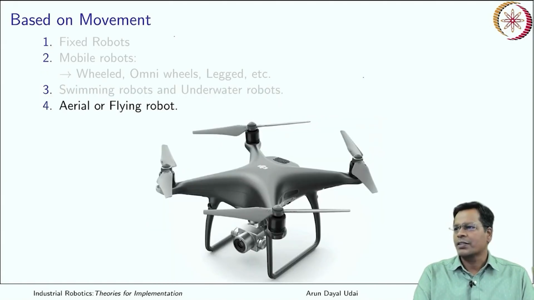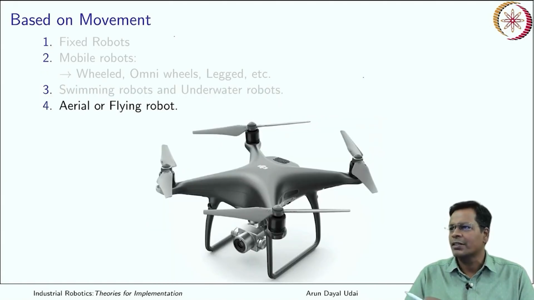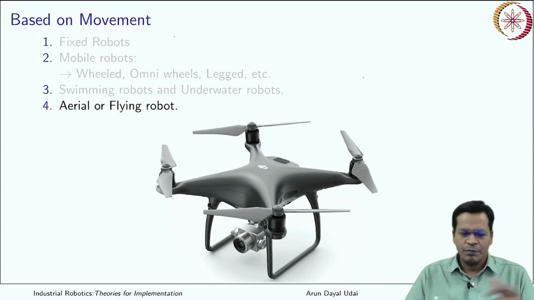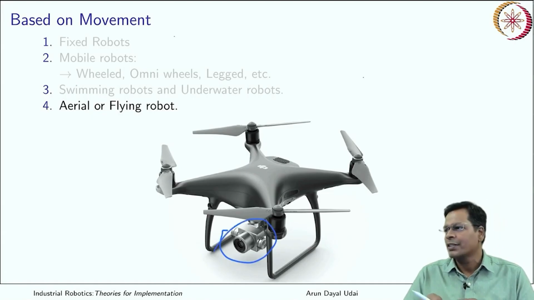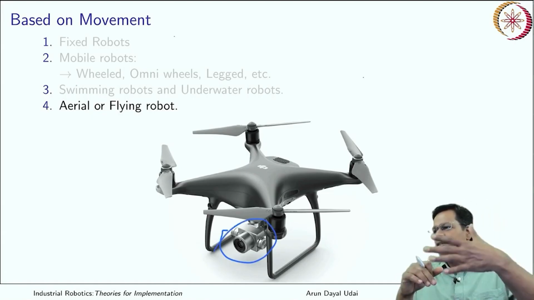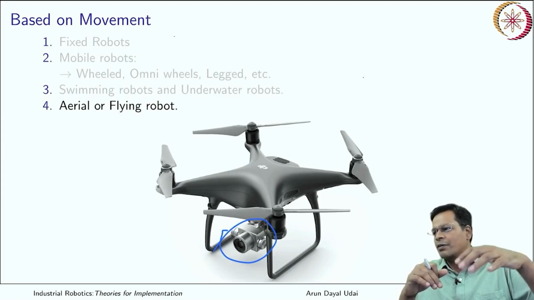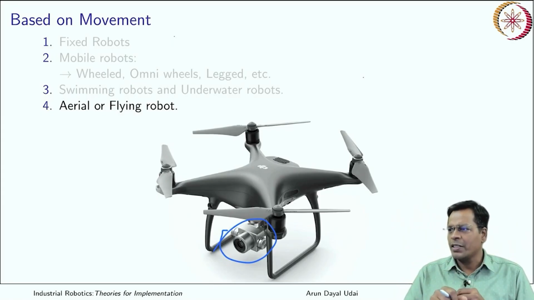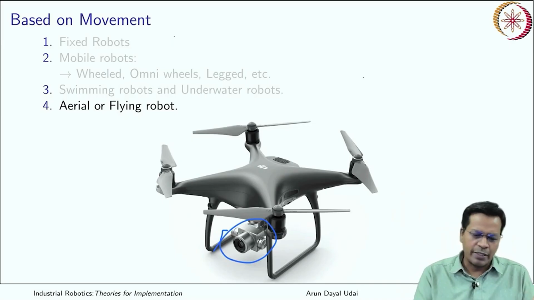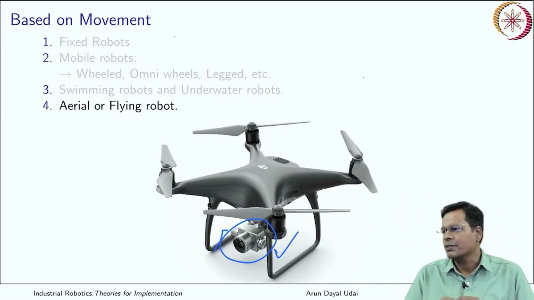Another big one is aerial and flying robots. You must have seen nowadays in parties this type of camera shooting you. It has a camera here, right? It can fly, it can maneuver, it can float anywhere in XYZ space, and it can carry some payload like a camera or some sensors.